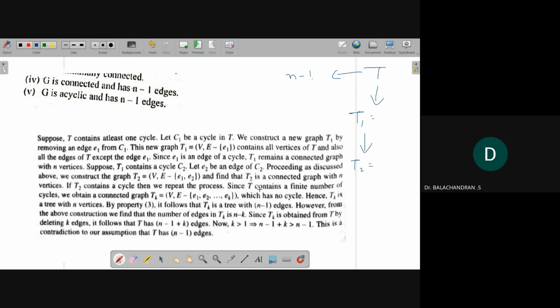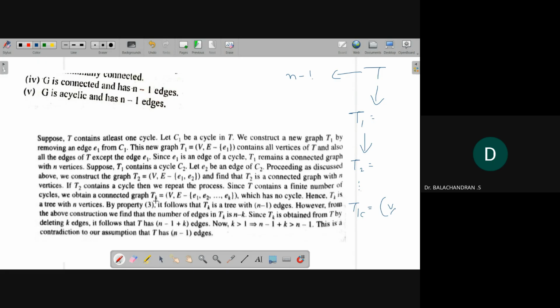Since T contains a finite number of cycles, we obtain a connected graph if we go like this: T2, T3, T4, up to Tk. Tk has the same vertices, there is no change in the vertices, only edges.